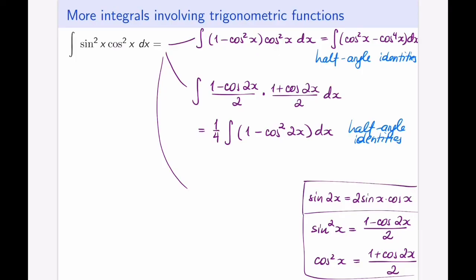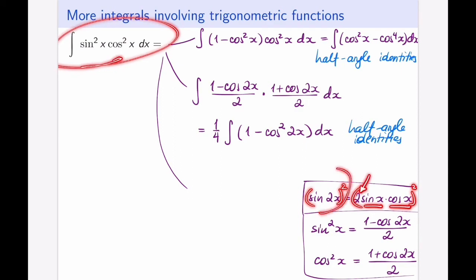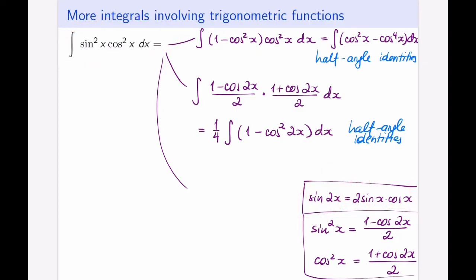And then what I notice here is that if I square both of these sides, I will in fact have sine squared cosine squared, which is what I have inside my integral here, except with the factor of 4 in the front. Now, if I simply divide everything by 4, I can use the left-hand side here. So what I'm going to have for my third way is to notice that this entire integral is actually 1/4 of sine squared of 2x.